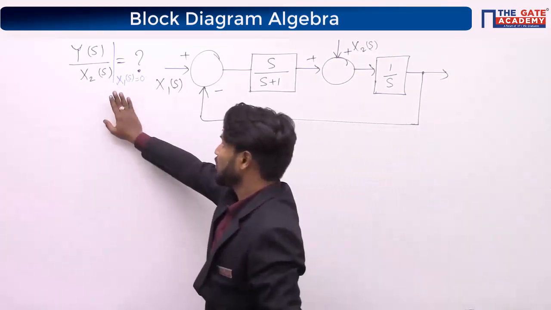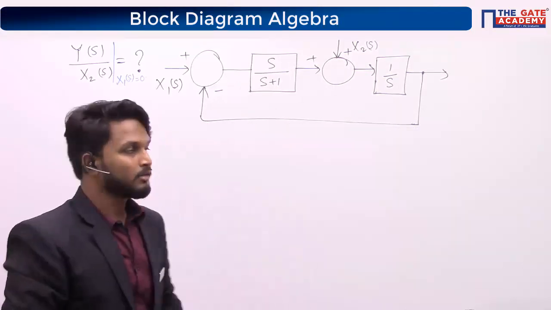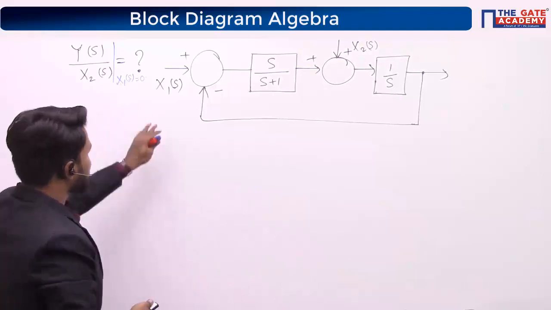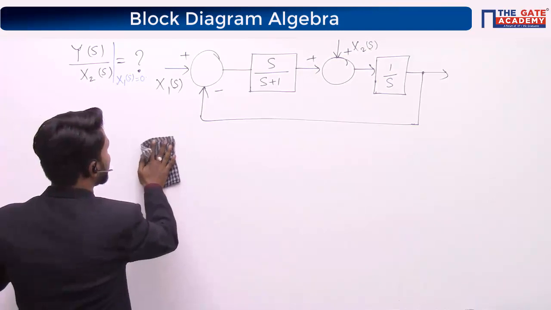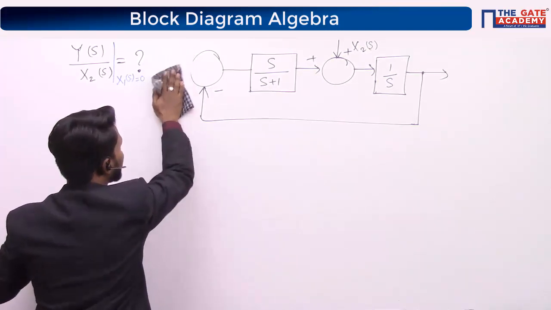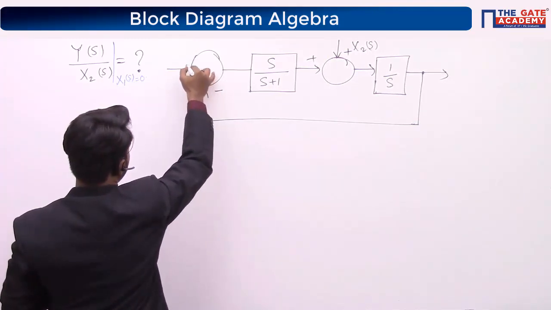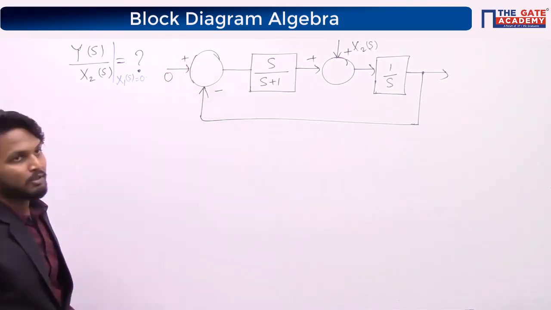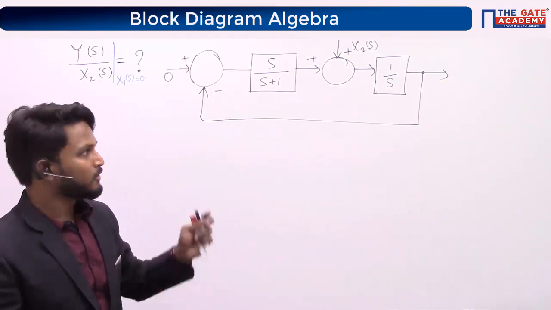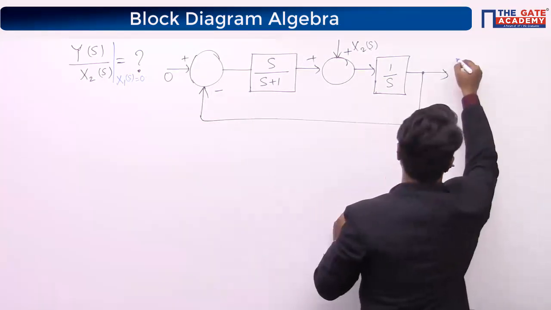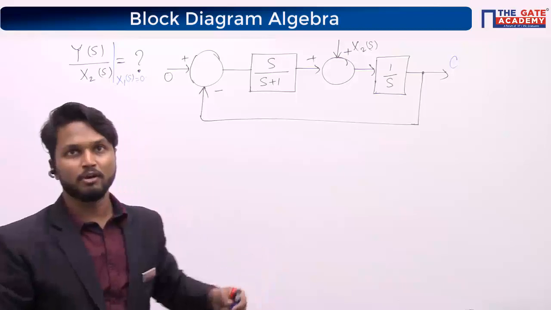You will turn off this particular source to 0. So see here, I am turning off this source, which means I am removing this input X1(s). In the place of X1(s), you can think I am giving 0. Let us say C(s) is your output.